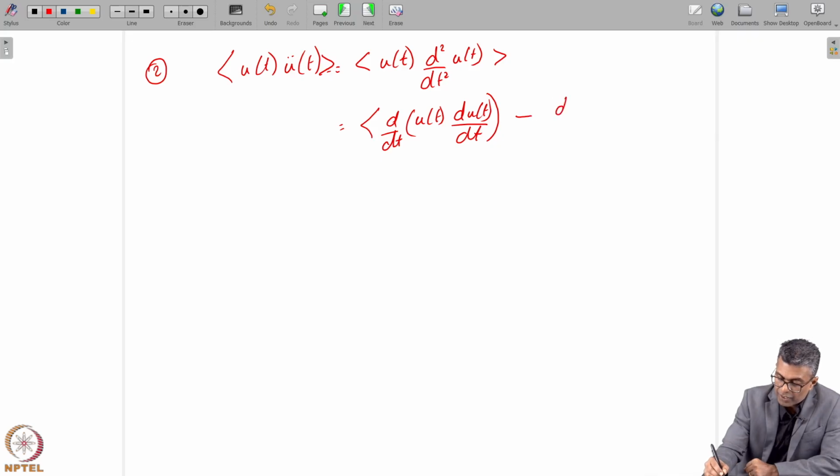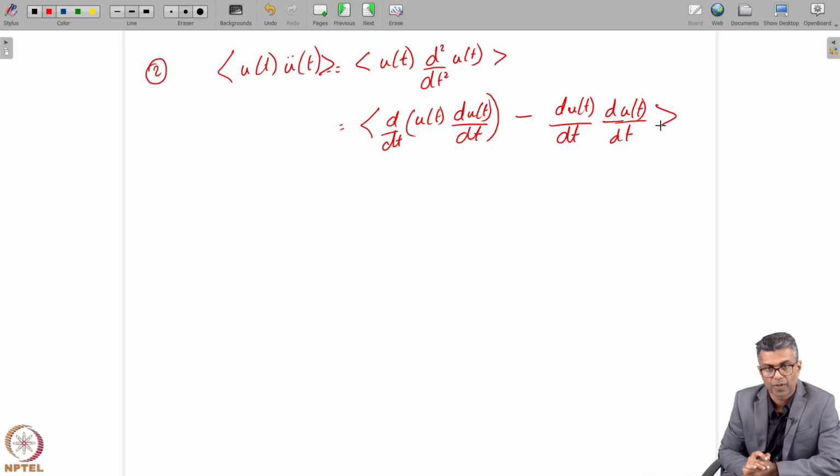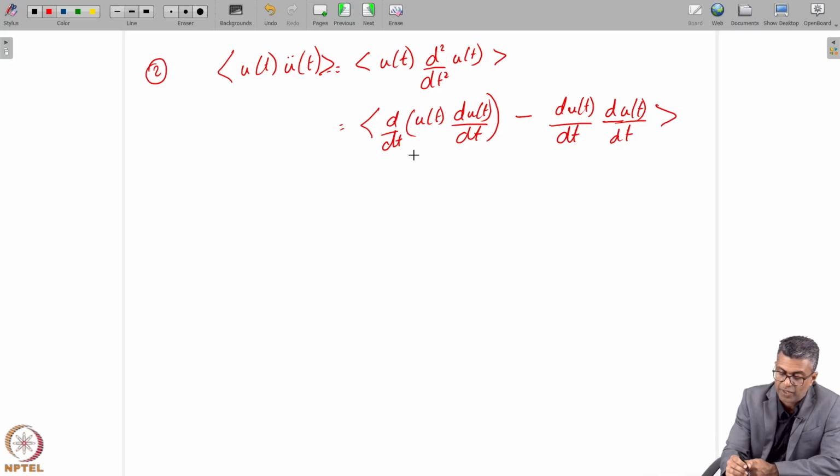I will have du/dt and then again du/dt, averaged, isn't it? I have used the chain rule, and instead of writing it as a double derivative, I have now written it as d/dt of both of these functions.